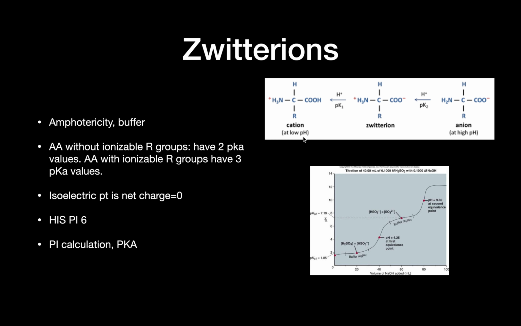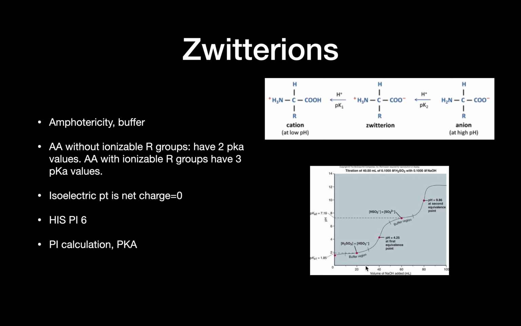And what's important to know is the isoelectric point is when the net charge is equal to 0, so when these two are balanced out. We use the isoelectric point to identify amino acids in proteins, so we can find the component of a certain protein. We use that in titration curves.